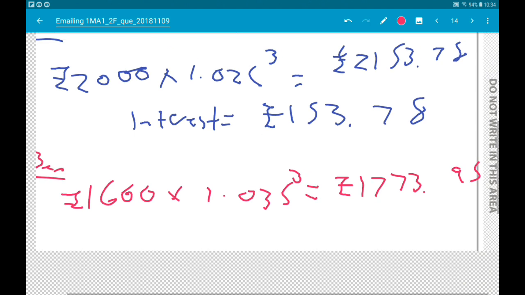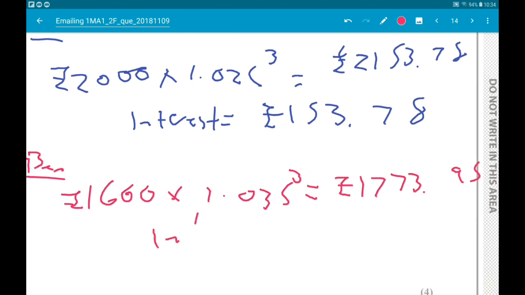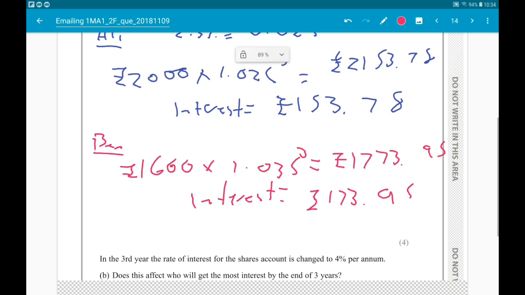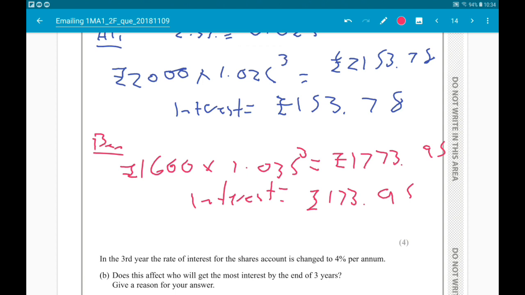So his interest is then £173 and 95p. So Ben gets the most interest.